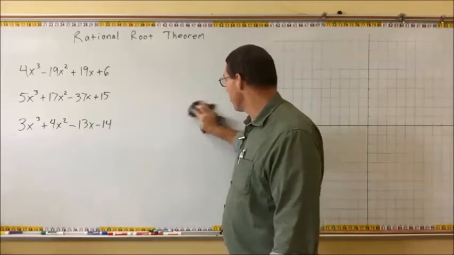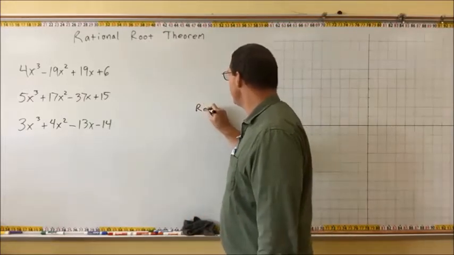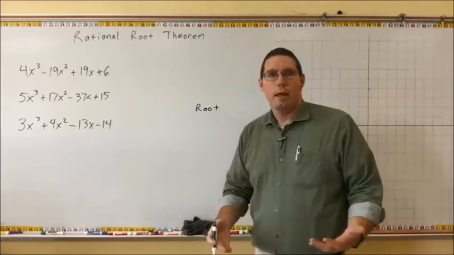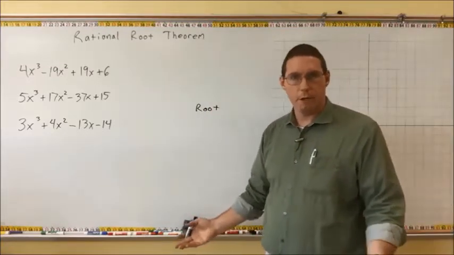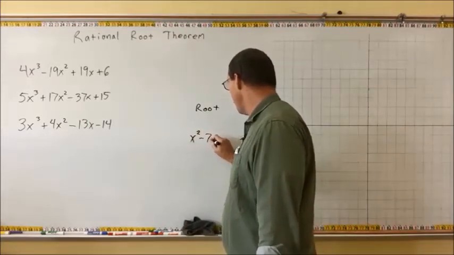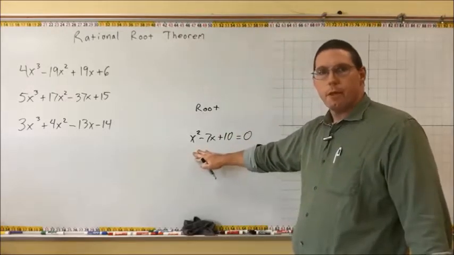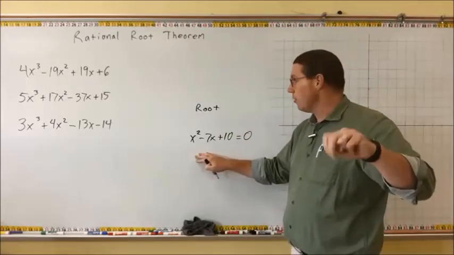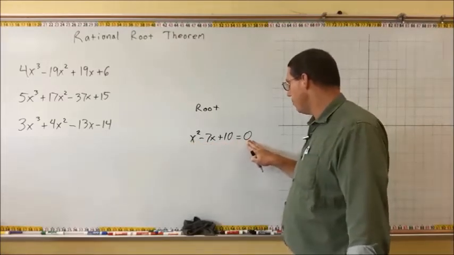Okay, so that's the rational root theorem. Well, what is a root? A root is simply a solution to the x value of a polynomial. Okay, so when we have x squared minus 7x plus 10 equals 0, there are two values for x that would make this true.